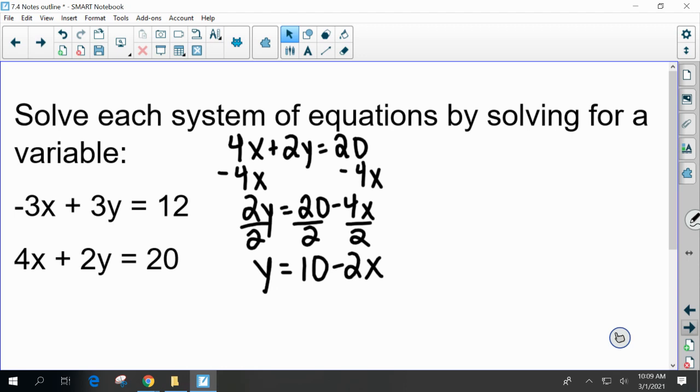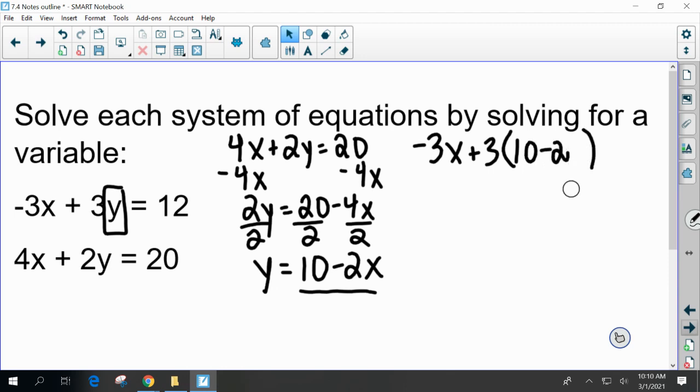So I'm going to take that and put it back in the top equation, right there for y. So negative 3x plus 3, and then parentheses, and what y equals, which is 10 minus 2x, and then equals 12.